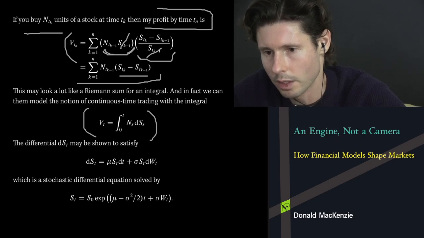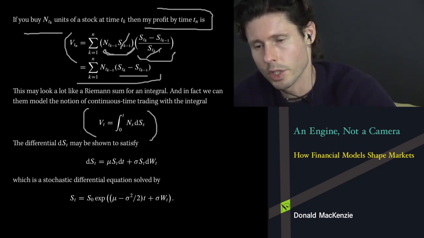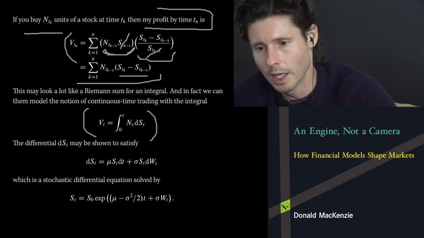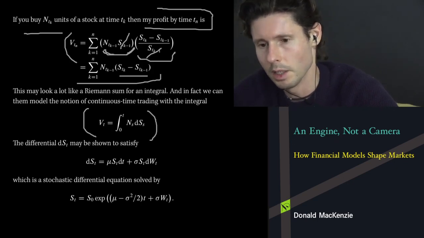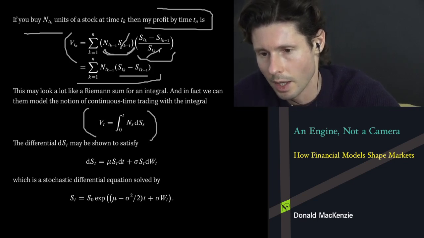And if you do take the limit, this would be called continuous trading. So you're not trading over just n finite timestamps. You're going to take the limit and continuously be trading in continuous time. This expression should converge to an integral.